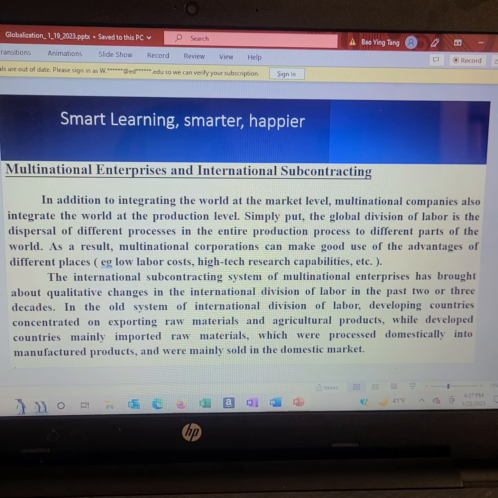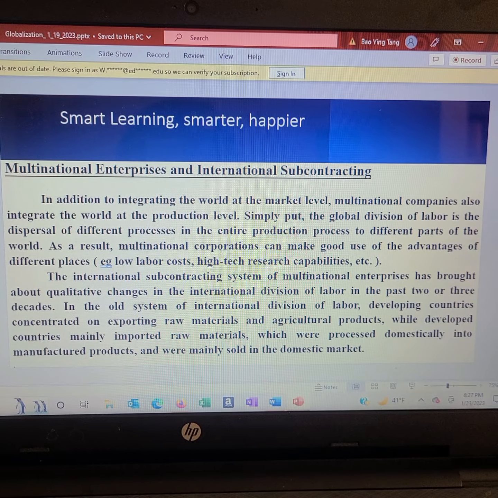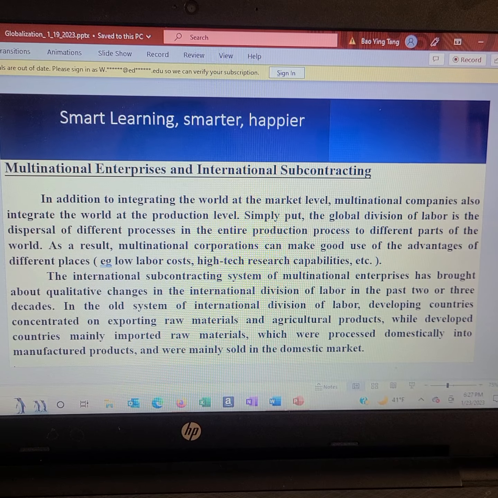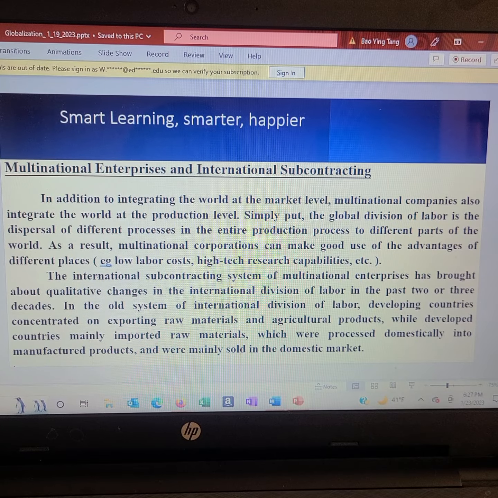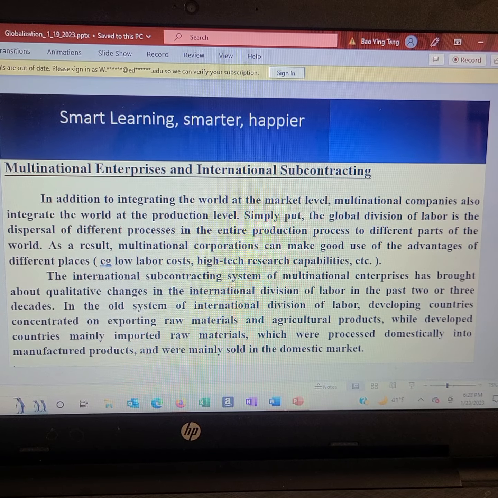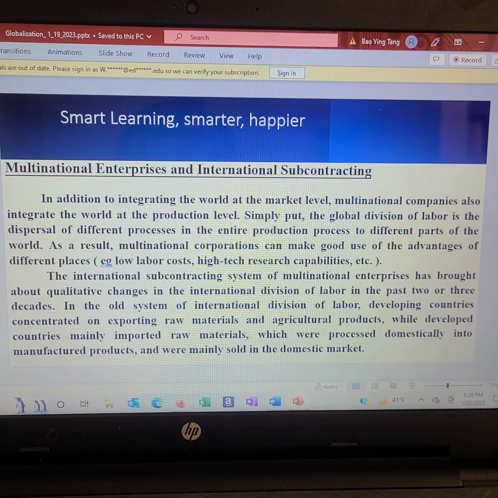In the old system of international division of labor, developing countries concentrated on exporting raw materials and agricultural products, while developed countries mainly imported raw materials, which were processed domestically into manufactured products and were mainly sold in the domestic market.